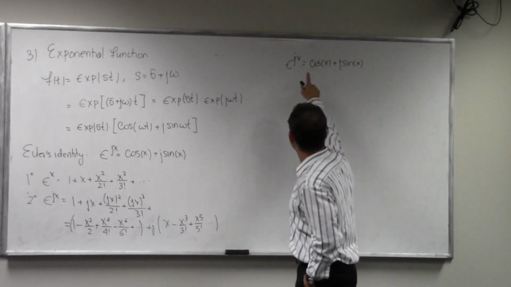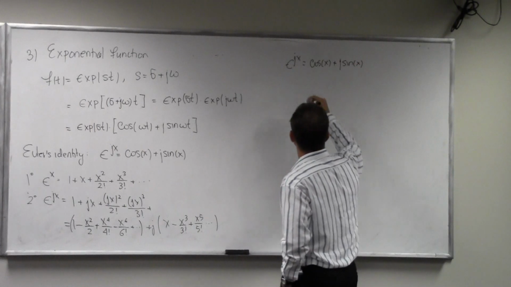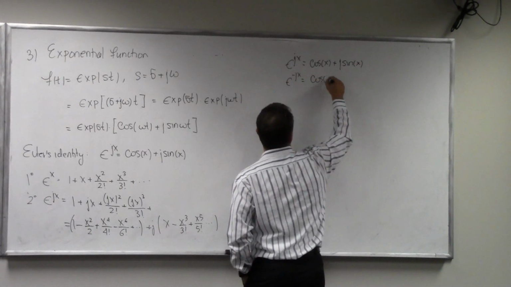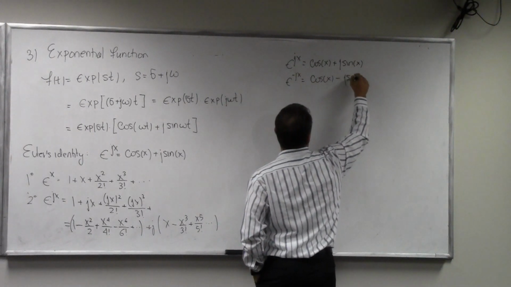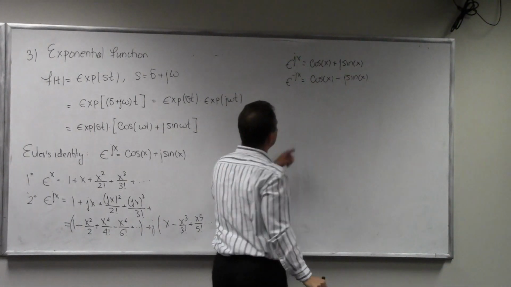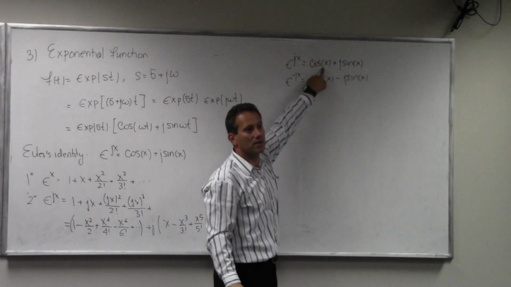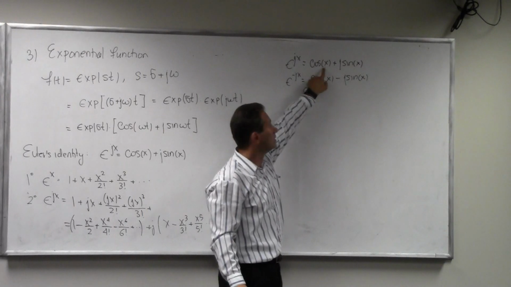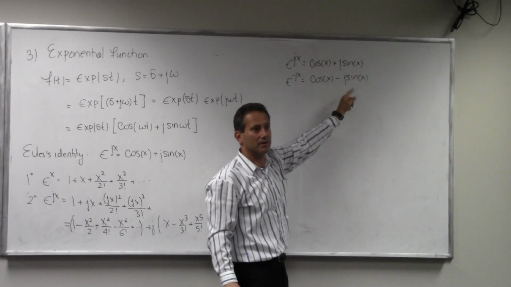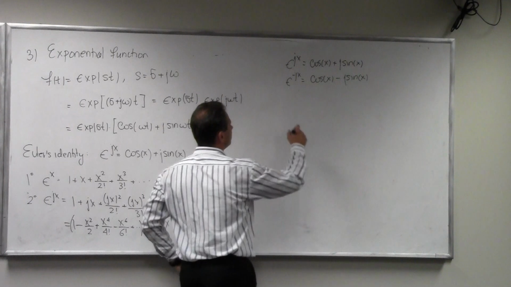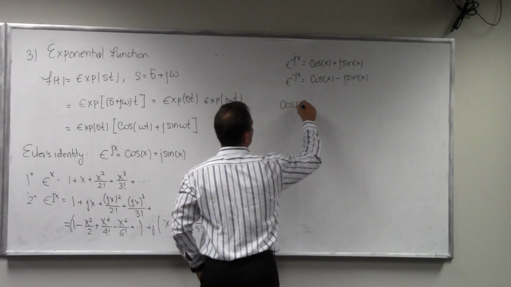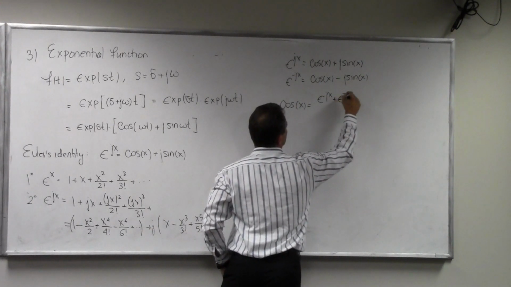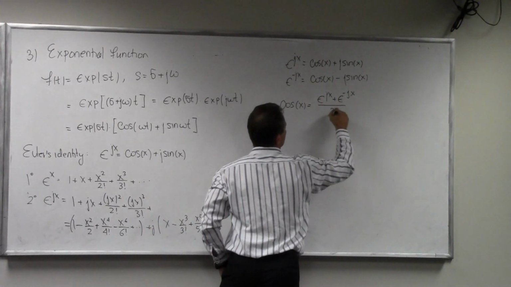Now, once you know this, you can do something like this. e to the minus jx is cosine of x minus j sine of x, right? Because you can plug in minus x in this equation. Cosine is even, so cosine of minus x is the same as cosine of x. Sine of minus x is minus sine of x. Now, if I add these two, I can get cosine of x as e to the jx plus e to the minus jx over 2.